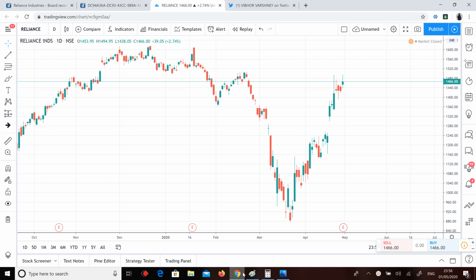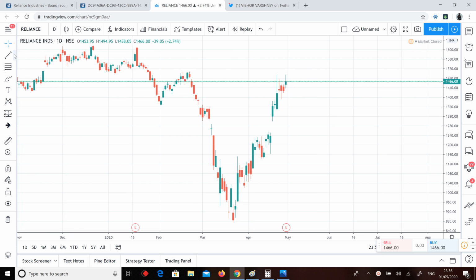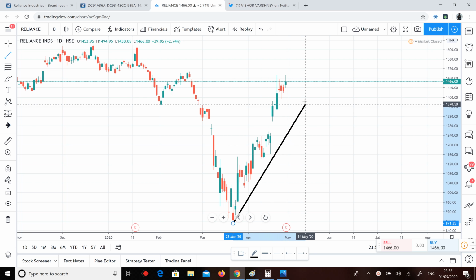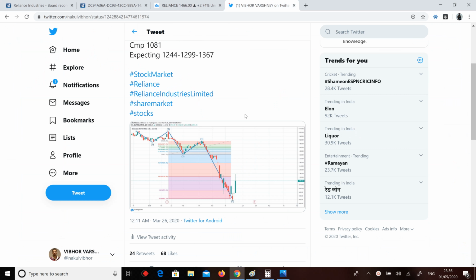First of all, about the chart, the stock is already moving in a steep trend line, a steep channel, with this support. Those who are engaged on my Twitter will find I posted this chart on 26th March, with the expected price targets T1, T2 and target 3 at 1367.